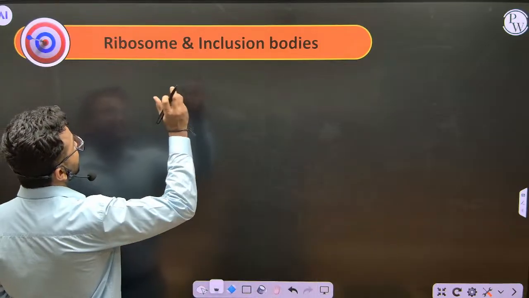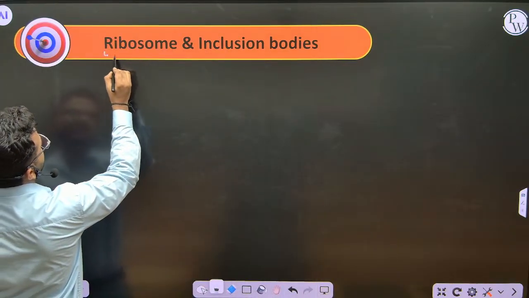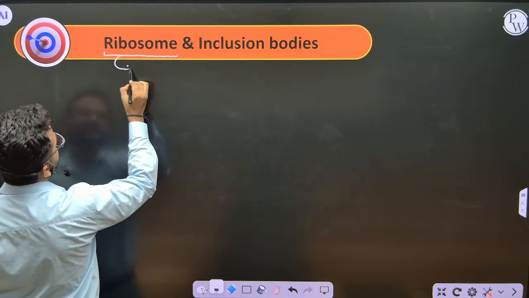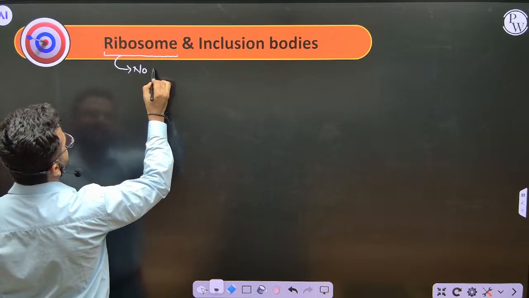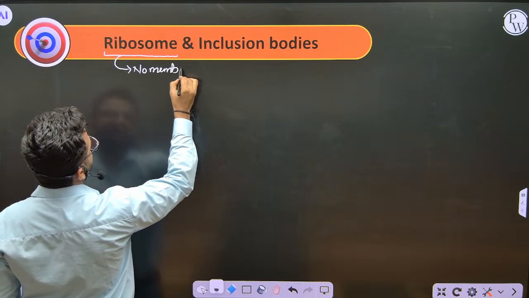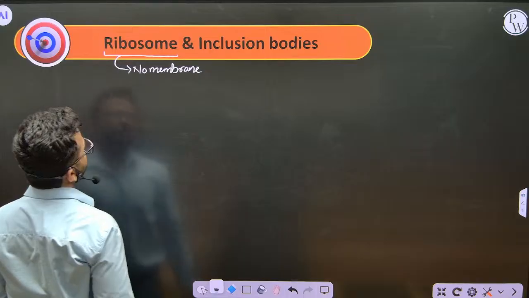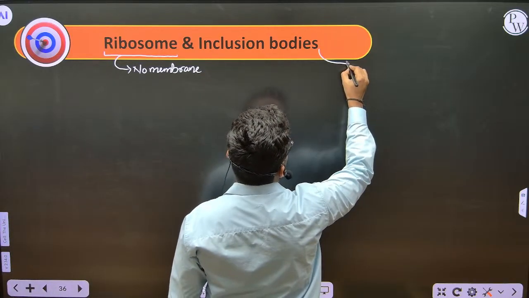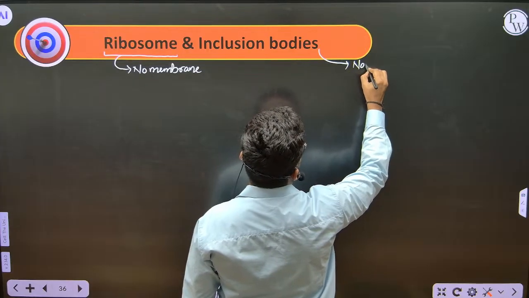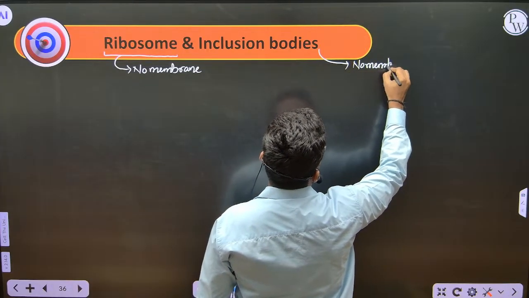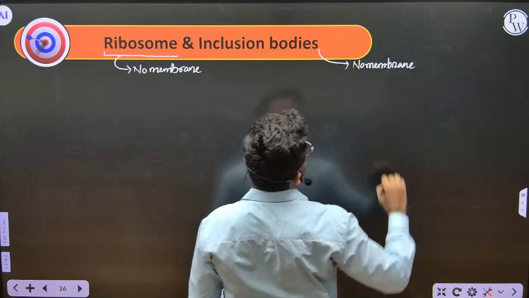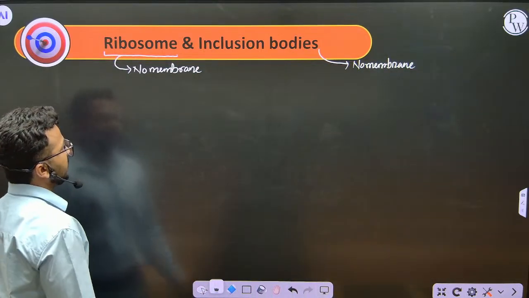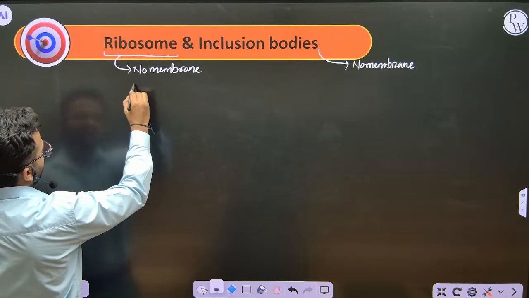The special thing about ribosomes is that they are not membrane-bound organelles. They don't have any membrane. Even inclusion bodies also have no membrane. No membrane is present here, and there also no membrane. But the function is different. Here it is protein synthesis.